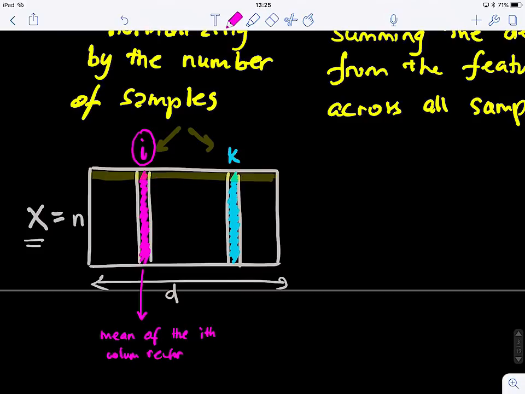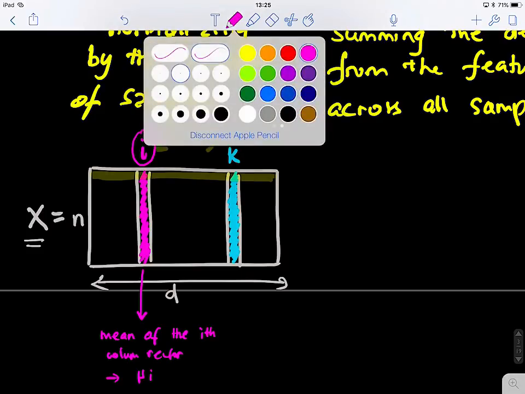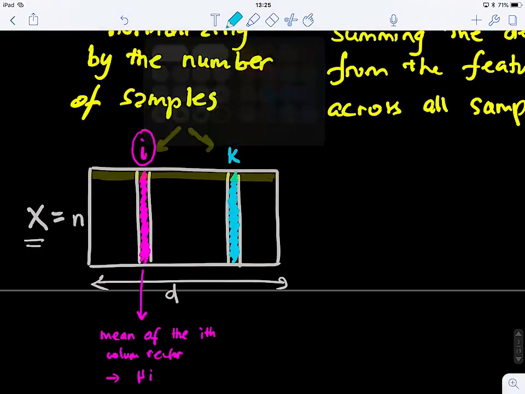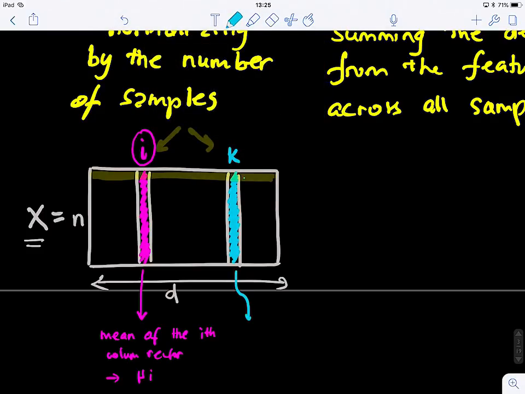So we're computing the mean value of feature I across all samples. This will give us mu I, okay? Now we do the same for the other one. By summing the values of the kth feature across samples, we get mu k.